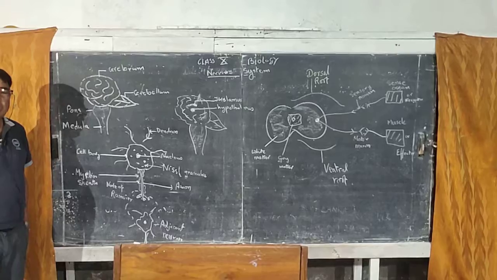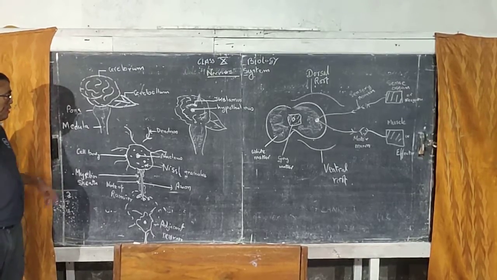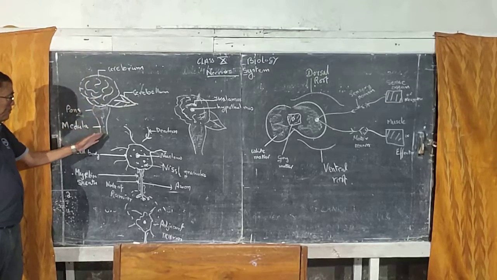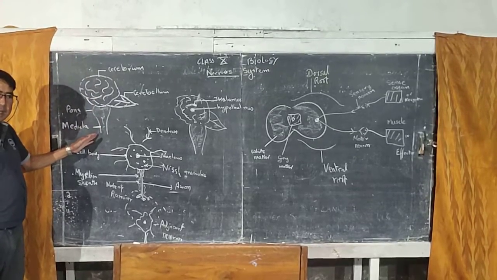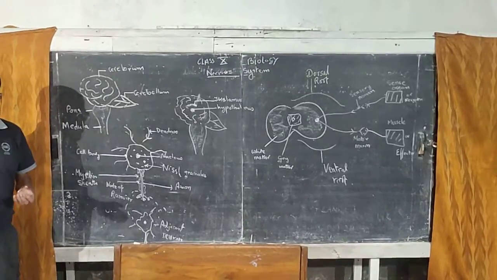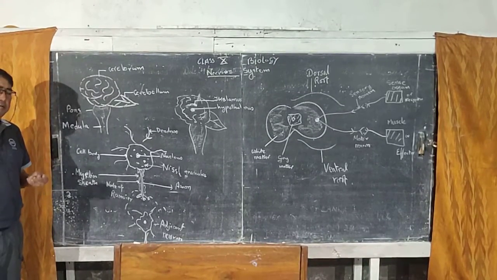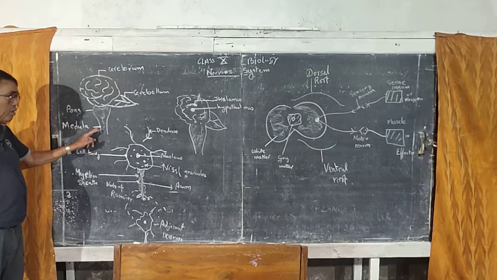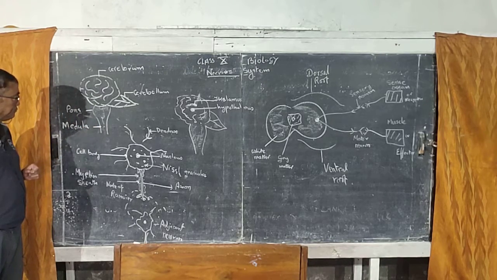And the spinal cord controls the ingoing and outgoing impulses to and from the brain, and it acts as a reflex center. I'll be explaining what a reflex action and voluntary action are later on. So you must know what the spinal cord is and its function.